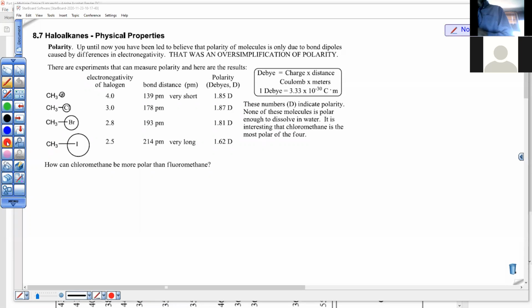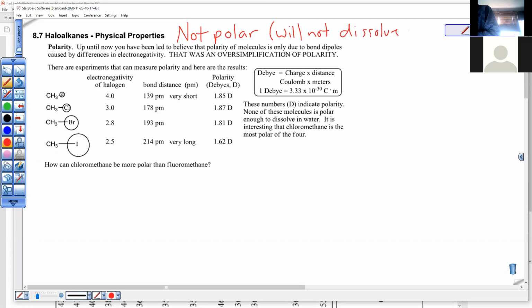Even though we're going to discuss polarity first, they are not polar, which means they will not dissolve in water. Which is a good thing. We can take advantage of that.